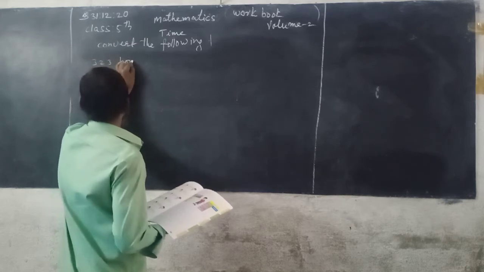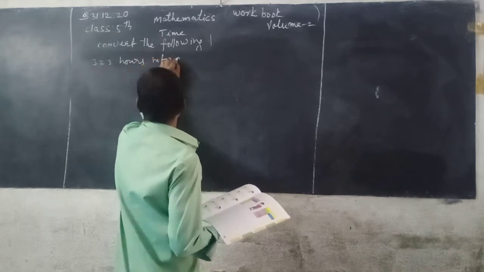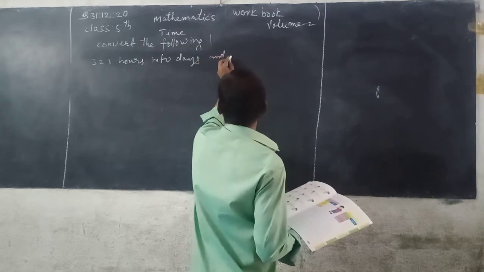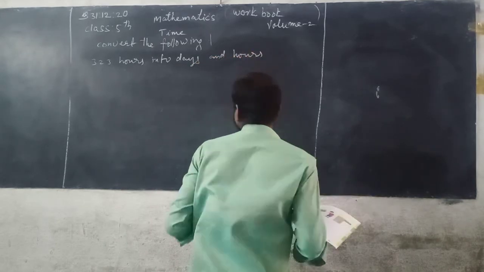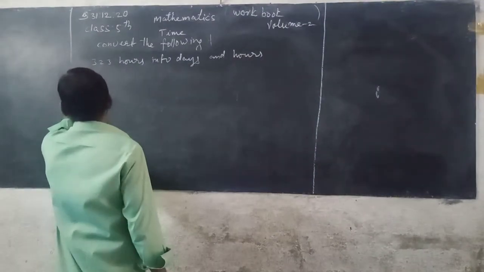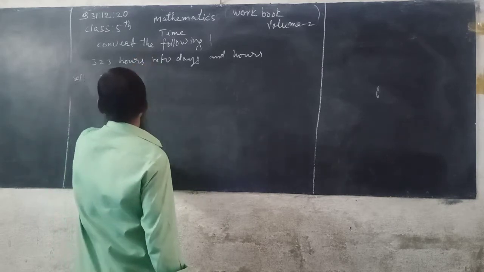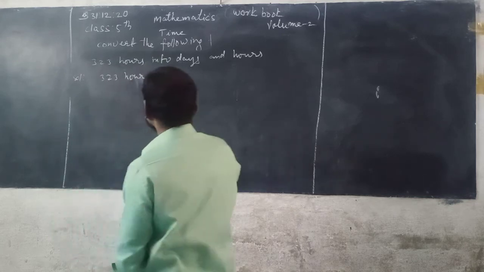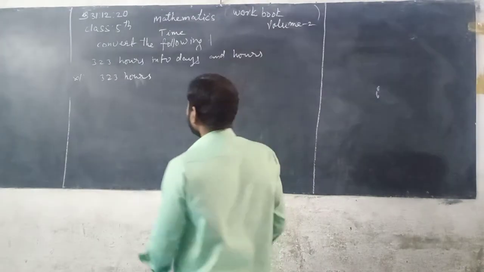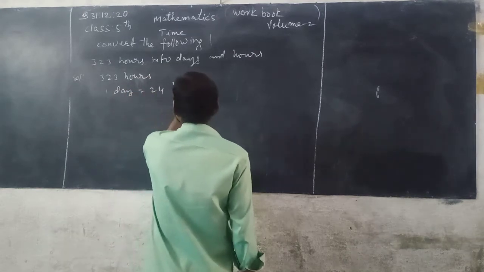323 hours into days and hours. Solution: 323 hours. Hours is converted into days. 1 day is equal to 24 hours.